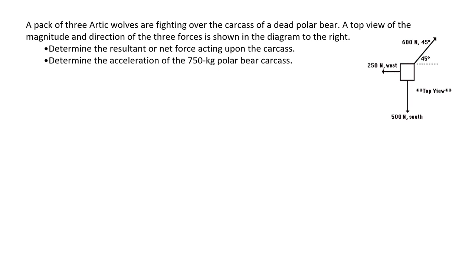I have three vectors pointing away from this object. And so I'm just going to go ahead and write my list of forces here. Force 1 is going to be 600 newtons at 45 degrees northeast.